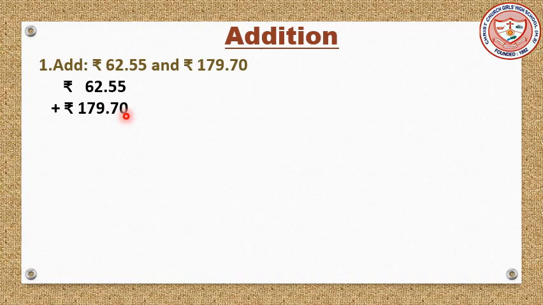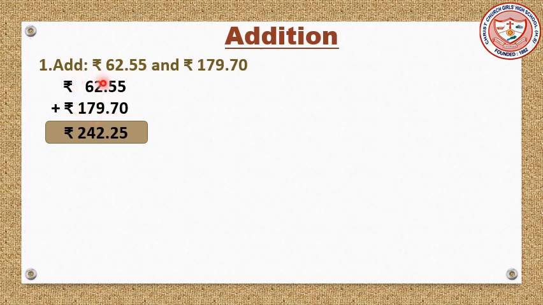So 55 paise plus 70 paise gives us 125 paise. Right girls? That means 1 rupee 25 paise. So we are going to write 25 paise over here. And rupees 1 is carried to the next column. Next column means the rupees column.